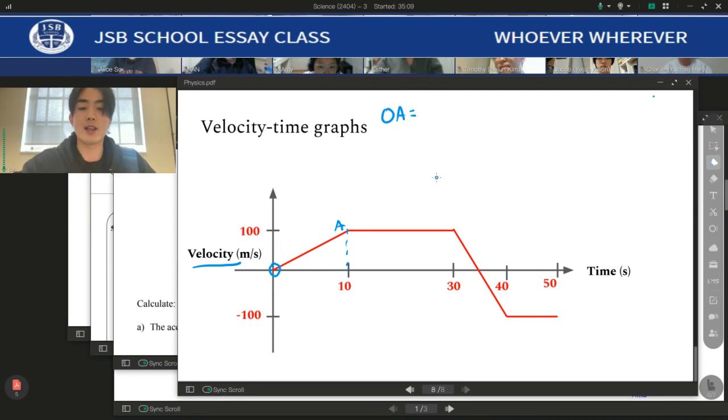Alice, what do you think the distance traveled from O to A is? 100? How did you find 100?